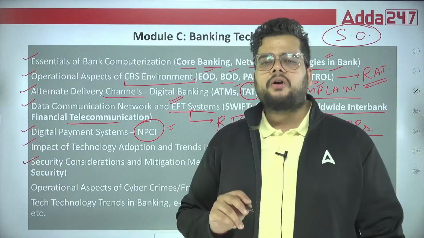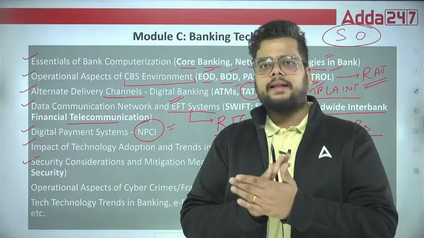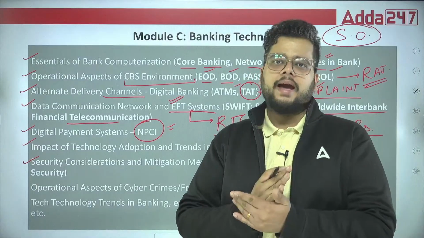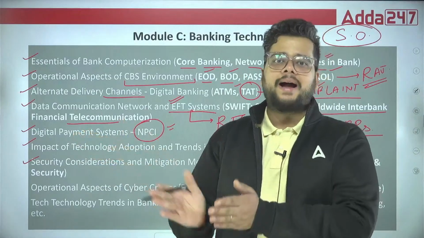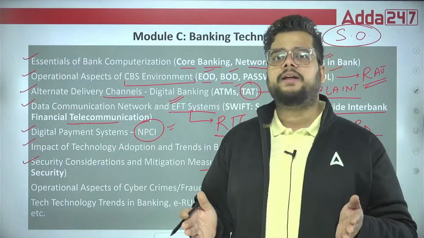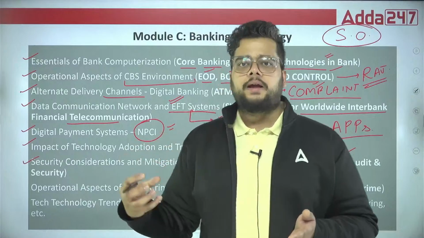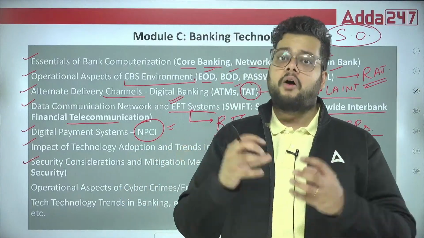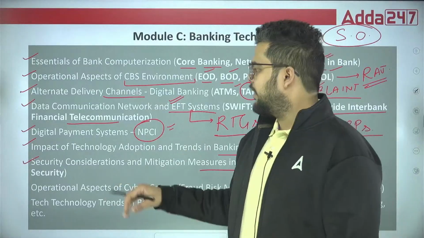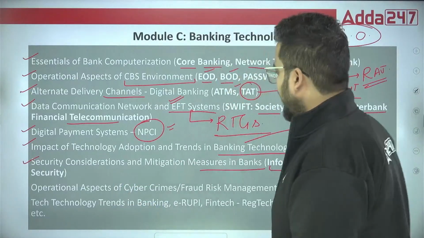Why? Because mostly we have seen that data protection has been breached thanks to the information which has been passed on by the customer, or for that matter, they have been stolen by some perpetrators. For that, we have information system audit, and that is the most important topic under the security consideration and mitigation measures.